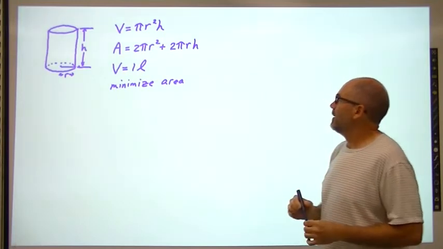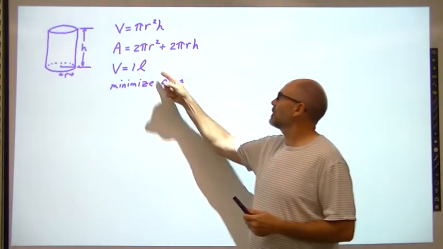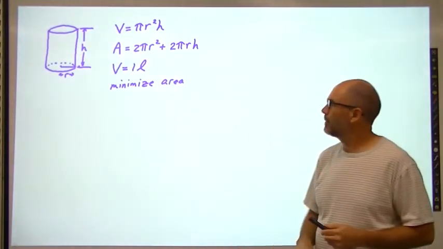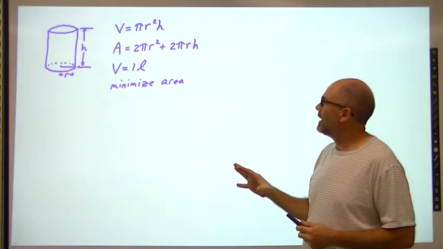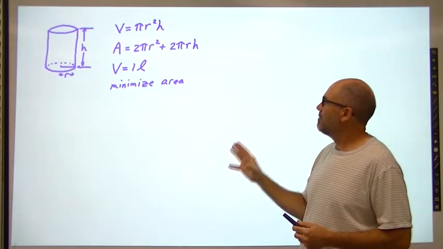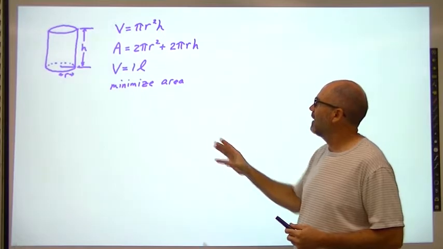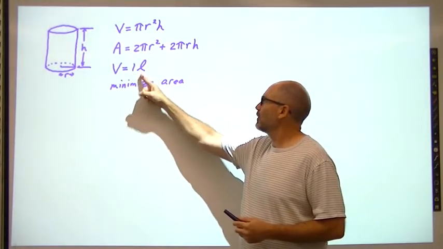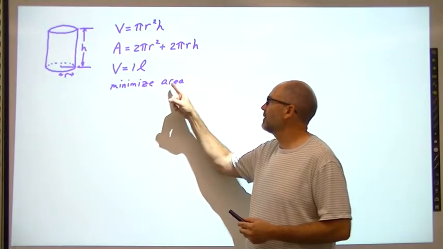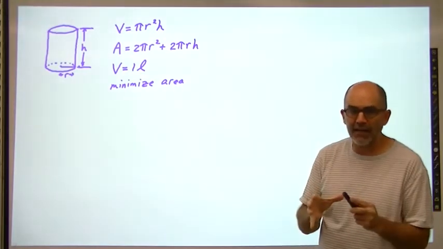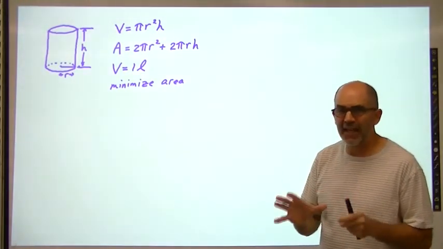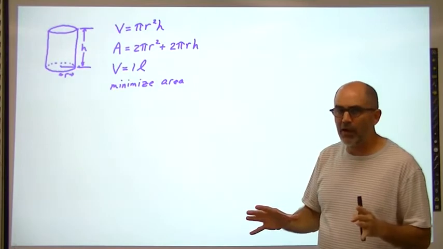We've got a can, and this can holds 1 liter of oil. And what we want is the dimensions of the can that's going to hold our 1 liter of oil, that's going to minimize the surface area of the can. Basically, we're trying to make this can as cheaply as possible.